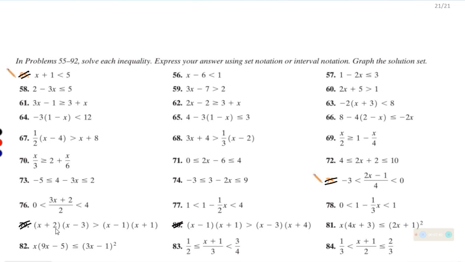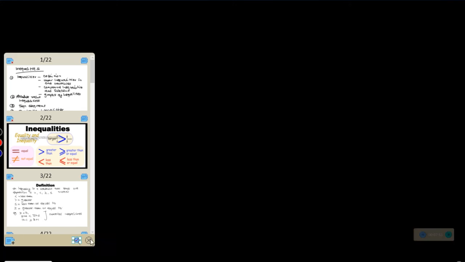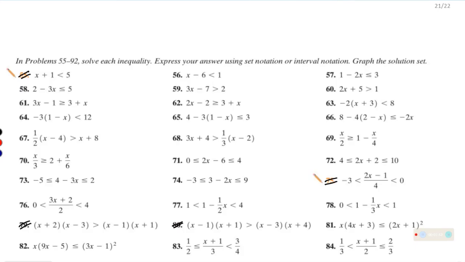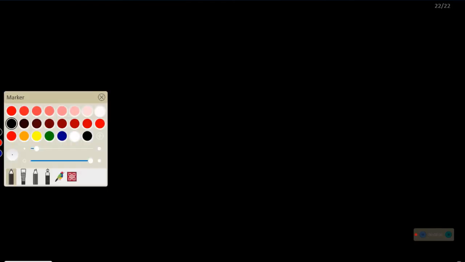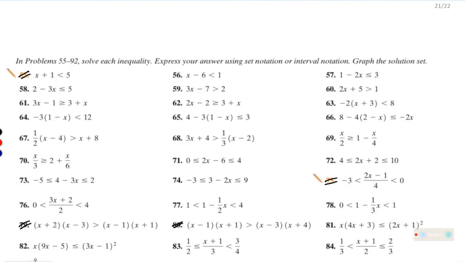Let's take 79. (x plus 2) into (x minus 3) greater than (x minus 1) into (x plus 1). So the question says (x plus 2) into (x minus 3) greater than (x minus 1) into (x plus 1).